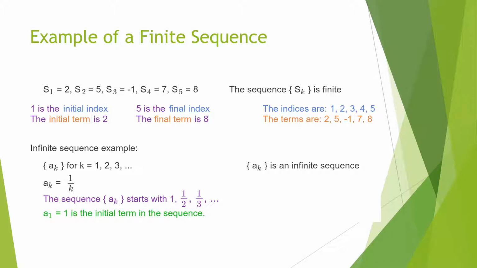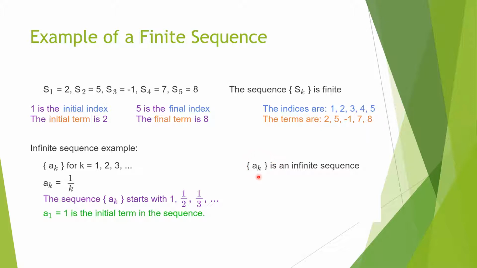Now let's look at the infinite sequence. This is an example of an infinite sequence, A sub k, where the index of a sub k, which is represented by k, can be equal to 1, 2, 3, all the way to plus infinity. Basically, the index of a sub k is the set of all positive integers, and this is how you represent the sequence.